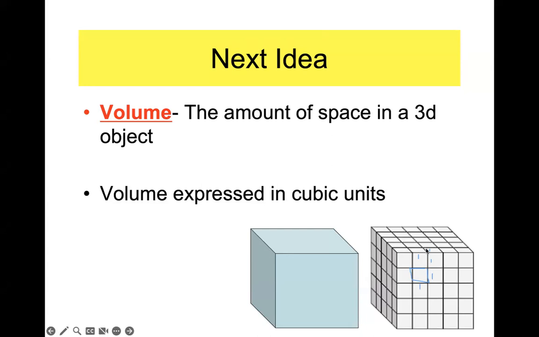In other words, it's 1 cube, and each one of those cubes has dimensions of 1 by 1 by 1. If we counted all the cubes there, that's how many cubes make up that space, and that's why it's measured in cubic units.